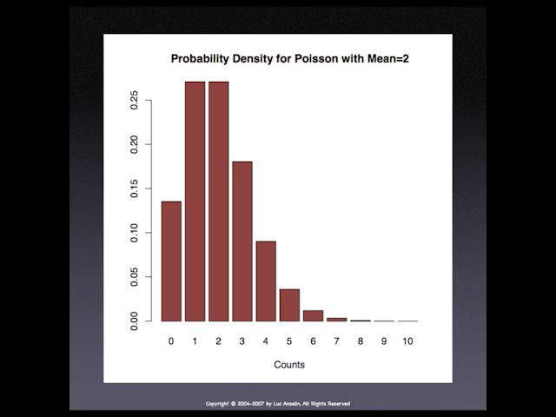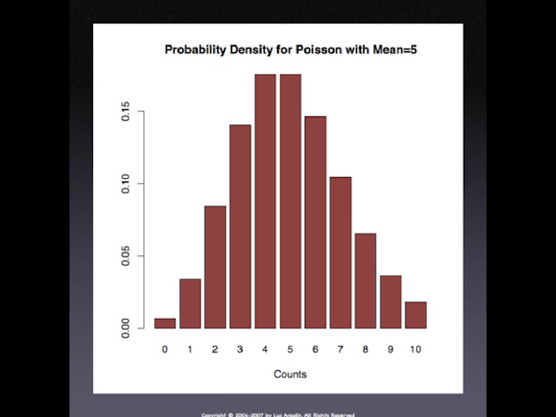So as the mean of the Poisson distribution increases, it starts to look more and more like a Gaussian distribution, a symmetric bell shape. Or you could even say, if I ignore the tail here, I can approximate this central part very nicely by a normal distribution. So for very large counts of events, you don't really need the Poisson distribution. Small counts of events, especially when you have zeros, then you do need the Poisson distribution.